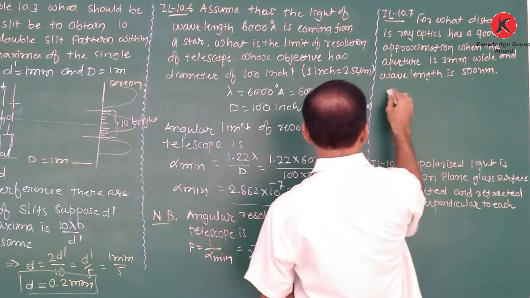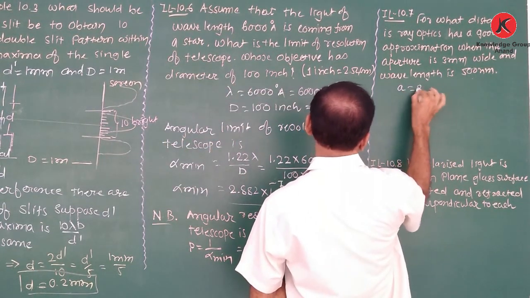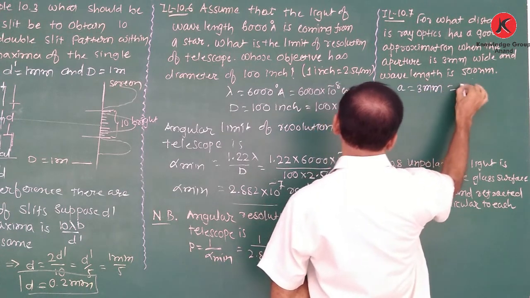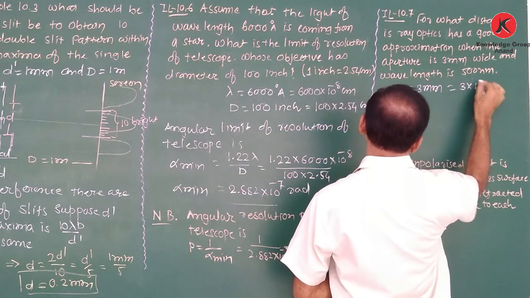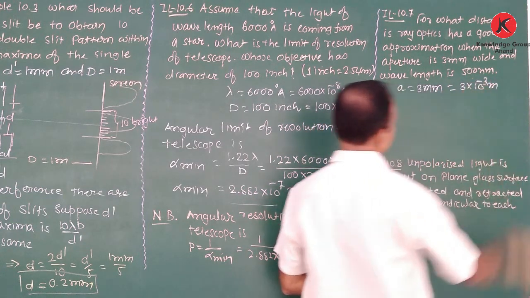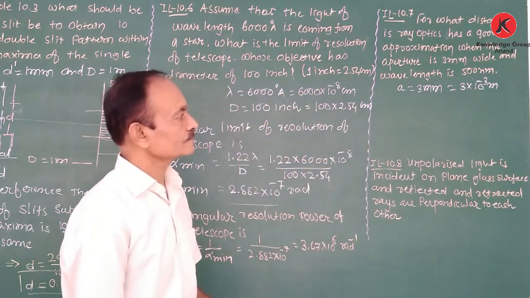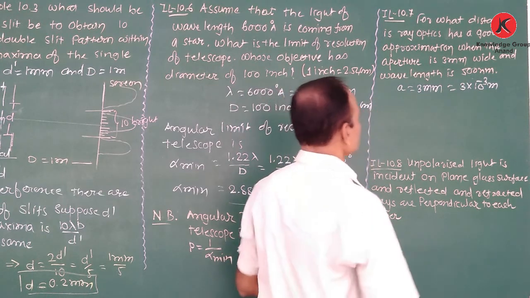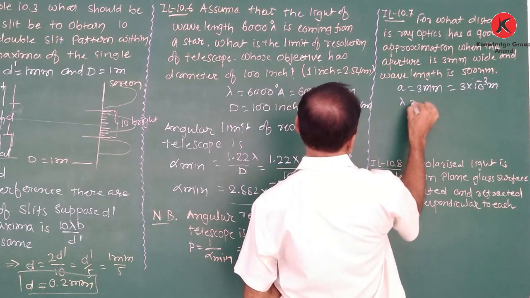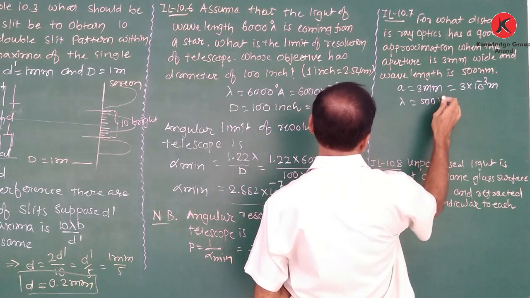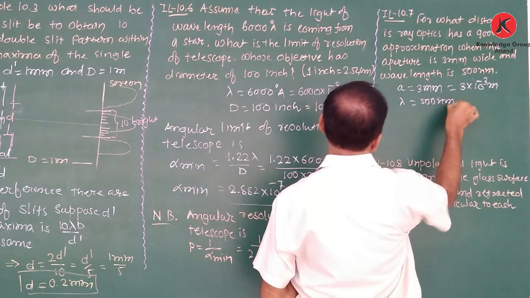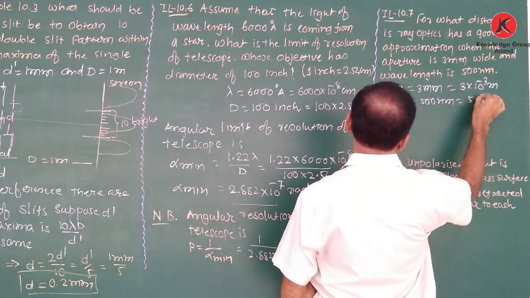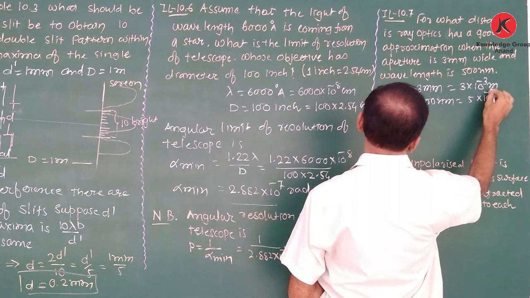The size of the aperture is given, that is 3 millimeter. Convert into meter, 3 into 10 to the power minus 3 meter. Now, the wavelength used is 500 nanometer, that means 5 into 10 to the power minus 7 meter.